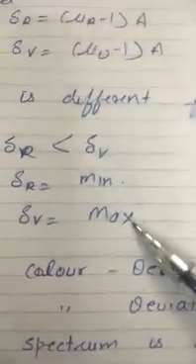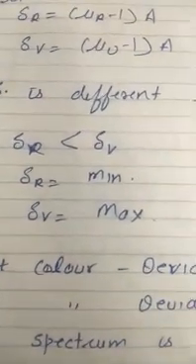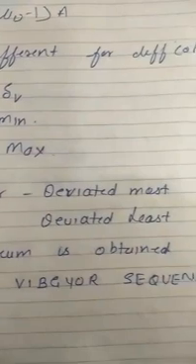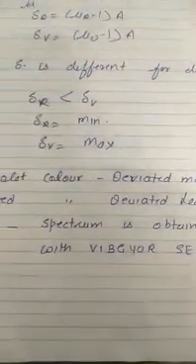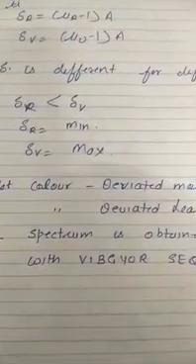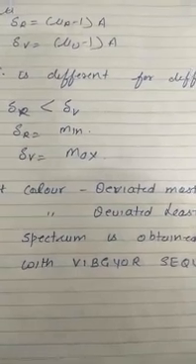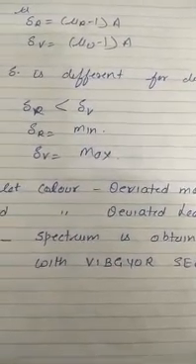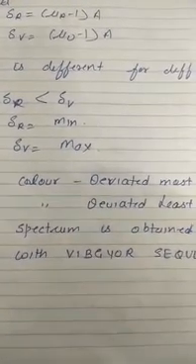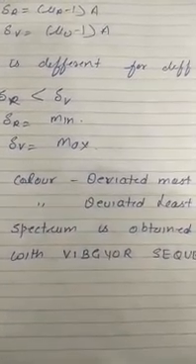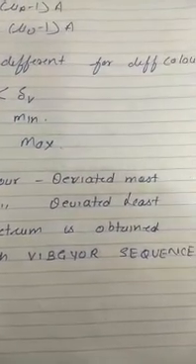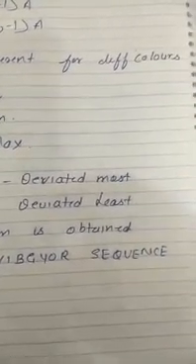It means when the sun rays pass through the prism, the violet color is deviated most and red color is deviated least, and all other colors we get in between, and that's why we get the spectrum in the sequence Vibgyor. Vibgyor means violet, indigo, blue, green, yellow, orange and red.